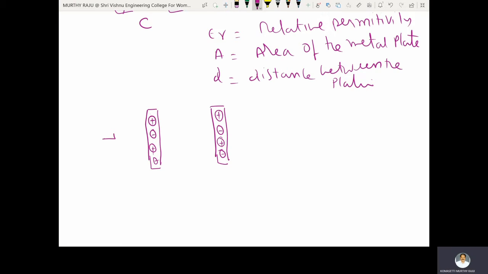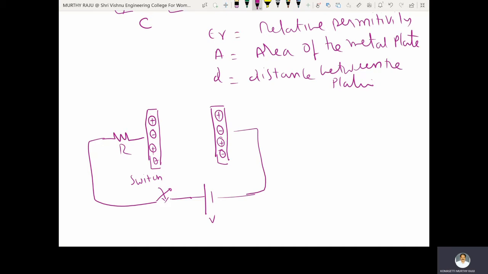Suppose a resistance is connected in series with these plates, and a switch is used here. This is the switch. Some DC voltage V volts is applied to this parallel plate capacitor. The capacitance of the capacitor is C, and the voltage across it is Vc.